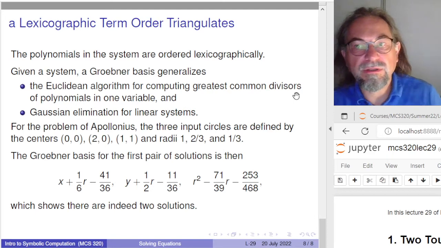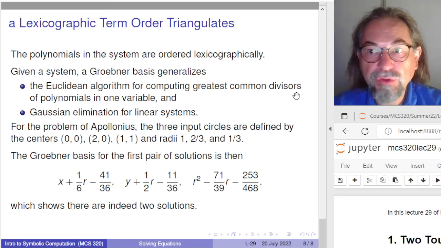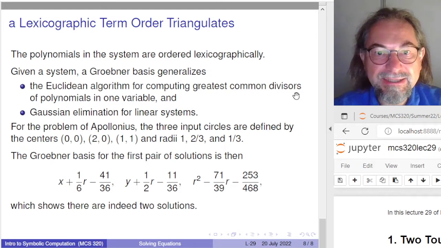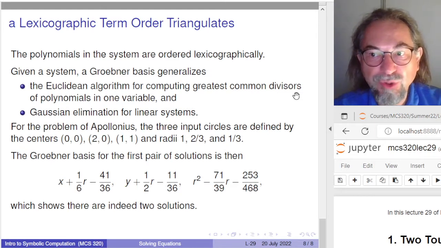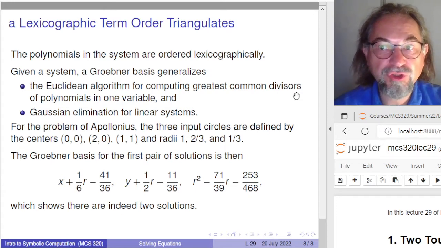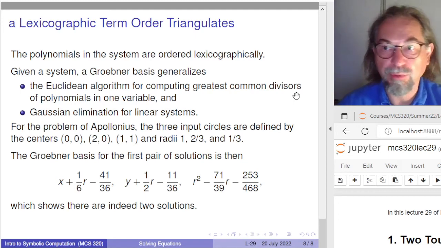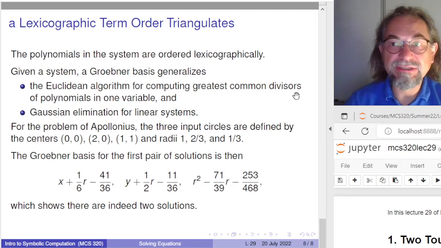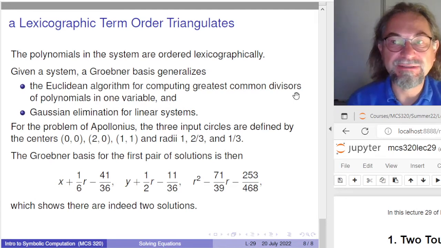Now, what one does when one computes a Gröbner basis is eliminate the leading monomials, and a lexicographical order will ensure that the variable that comes first, so all the terms with that variable, will actually be eliminated. So this leads to a triangular system.